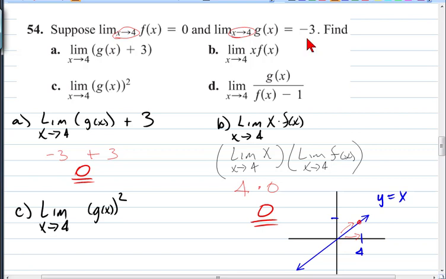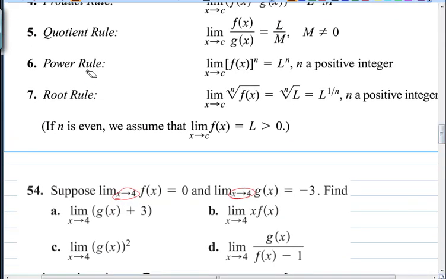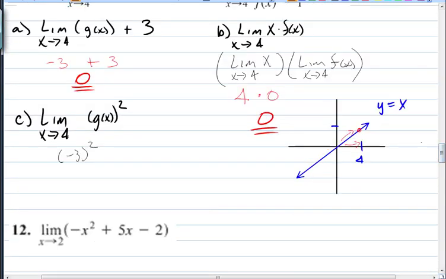And when I square negative 3, what do I get? 9. So this is going to be negative 3 squared. How do I know that? Well, that's what this power rule right here says. The limit as x approaches c of a function raised to a power is just going to be the limit raised to that power. So this is going to be negative 3 squared, which we know is 9. All right? Any questions?